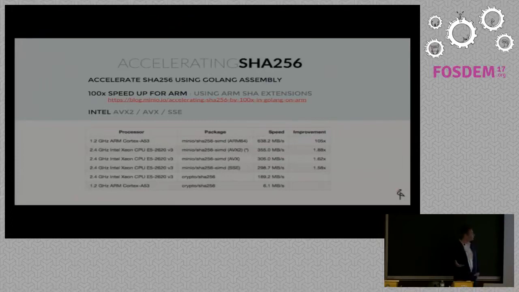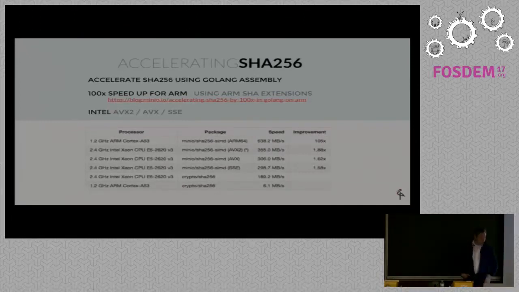And actually Intel also has instructions for SHA-256 acceleration, but they seem to be just defined in software, and there seem to be no hardware implementations out there. Otherwise, it would be nice to take advantage of that as well.